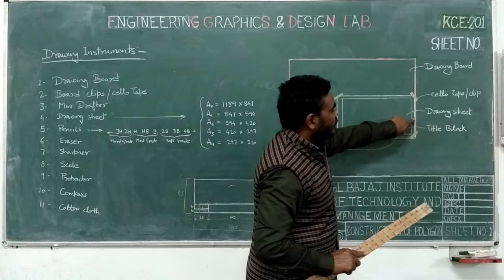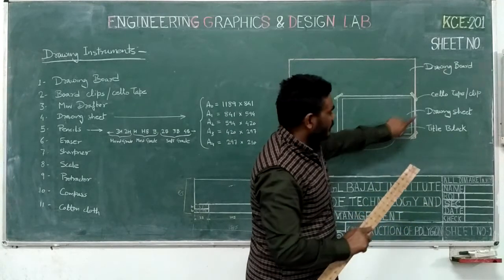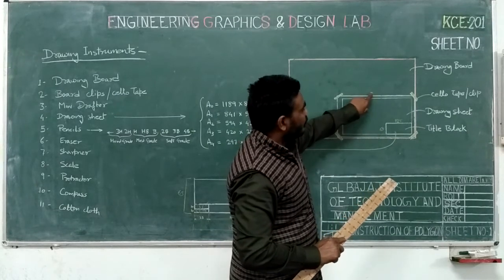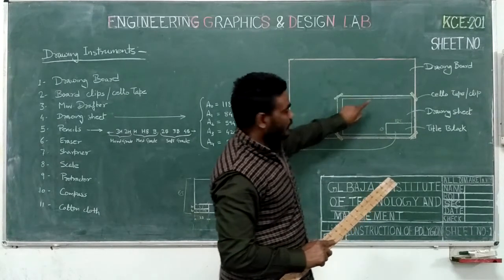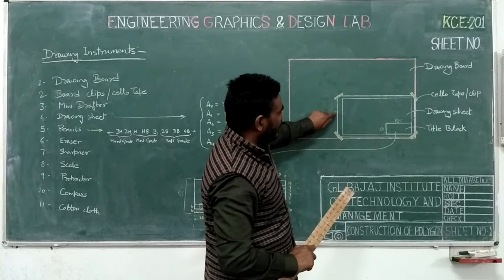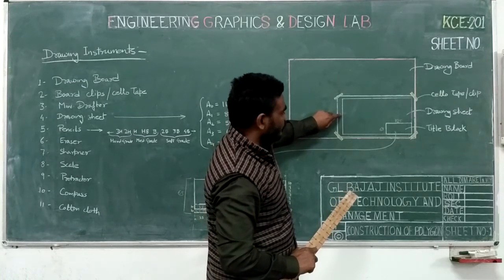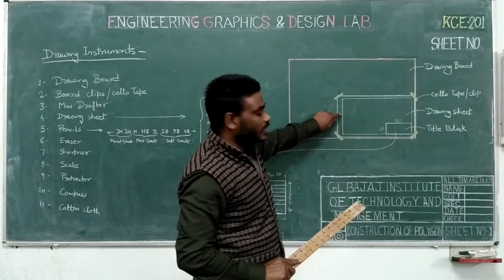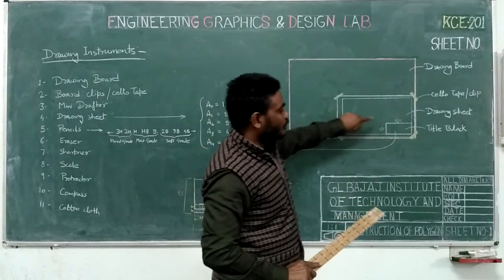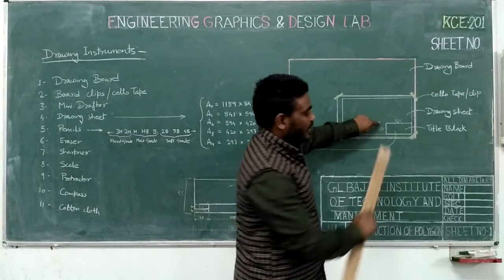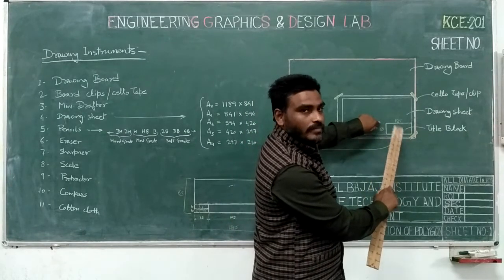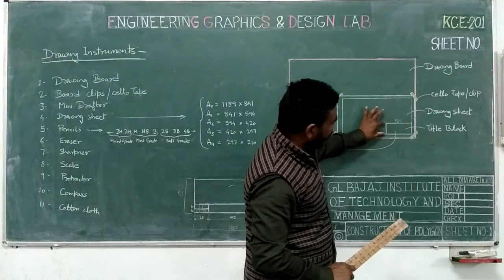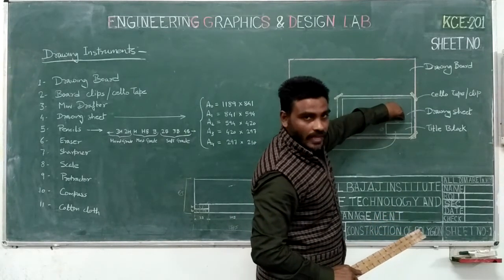From the right side it will be a 10 mm gap, from the bottom a 10 mm gap, from the top a 10 mm gap, and from the left edge of the drawing sheet it will be a 20 mm gap. After drawing that margin line or border line, we have to draw a title block at the right bottom corner of the drawing sheet, and that will be of size 65 mm by 185 mm.